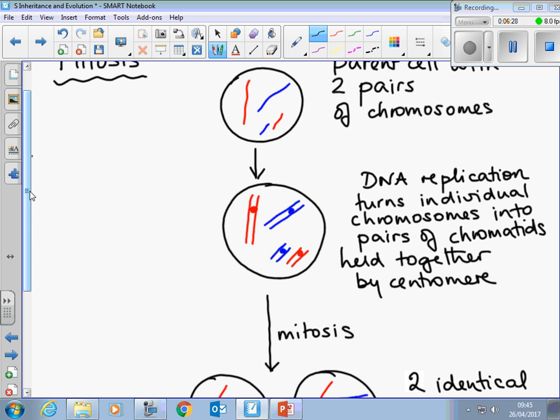So if it's a cell that produces hormones, it's producing hormones. If it produces enzymes, it's producing enzymes. If it's a nerve cell, although they're not very good at this, I must say, it'll be conducting impulses. If it's a muscle cell, it'll be contracting. But this is the active part of the cell's life here, and it's known as interphase.